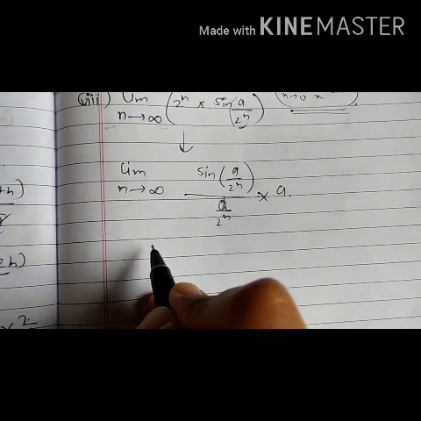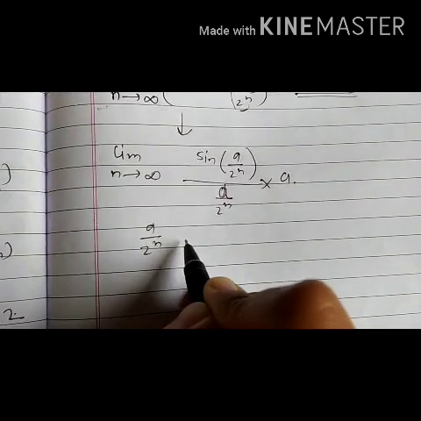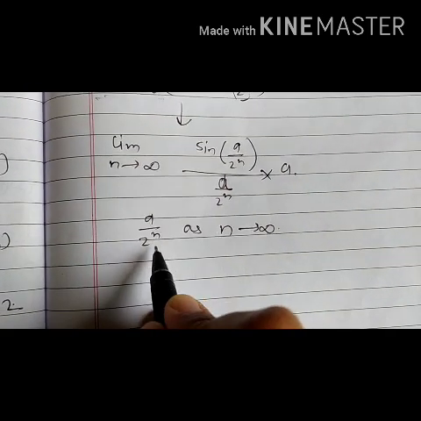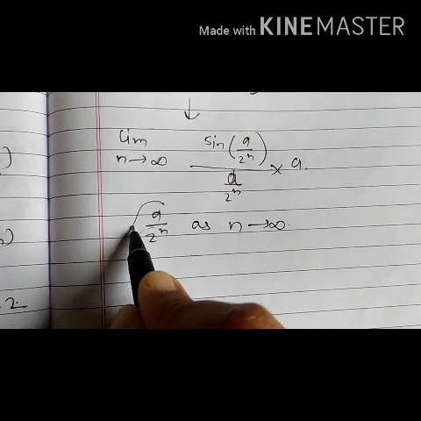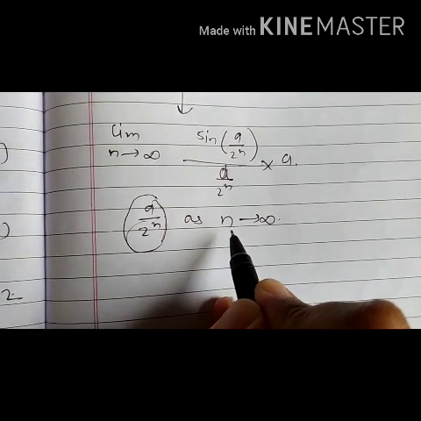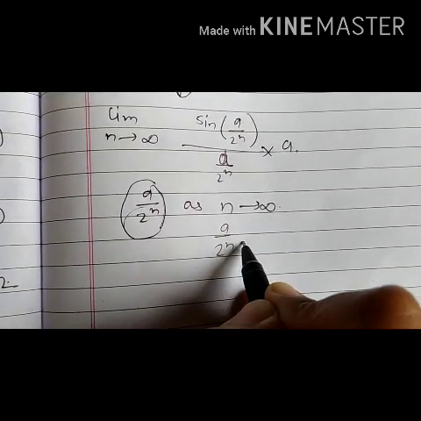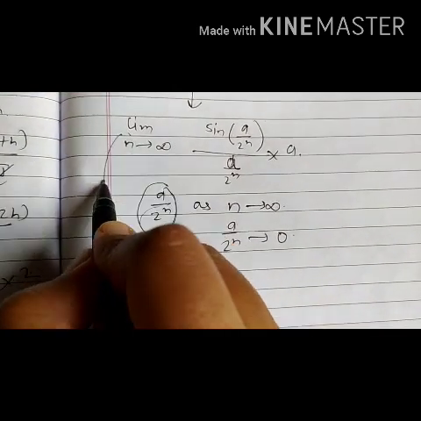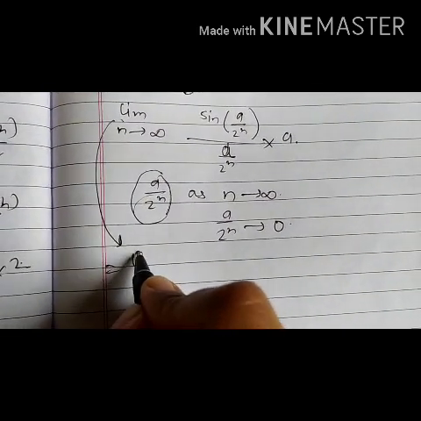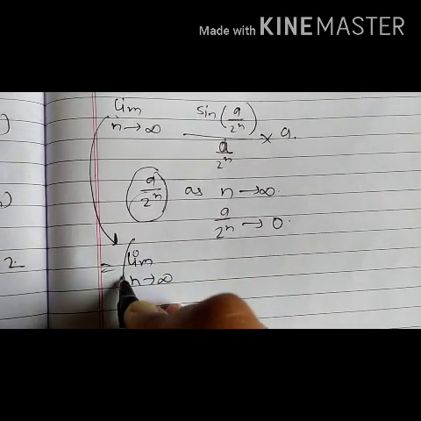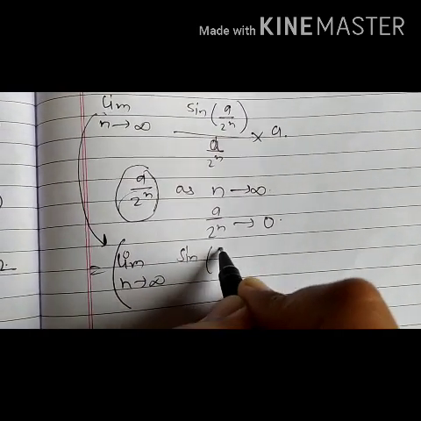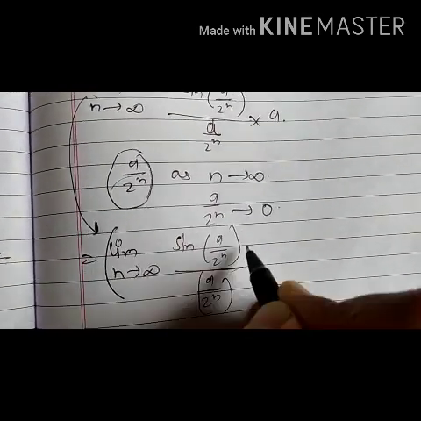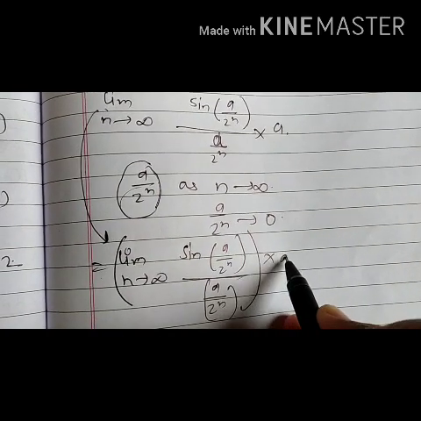So now students, a upon 2 raised to n, as n tends to infinity, it will be 1 upon infinity, that time this quantity will be 0. As n tends to infinity, a upon 2 raised to n tends to 0. Understood? So we can put the same limit here. So it will be equal to limit as n tends to infinity sine of a upon 2 raised to n upon a upon 2 raised to n, and we will not apply the limit to the constant.